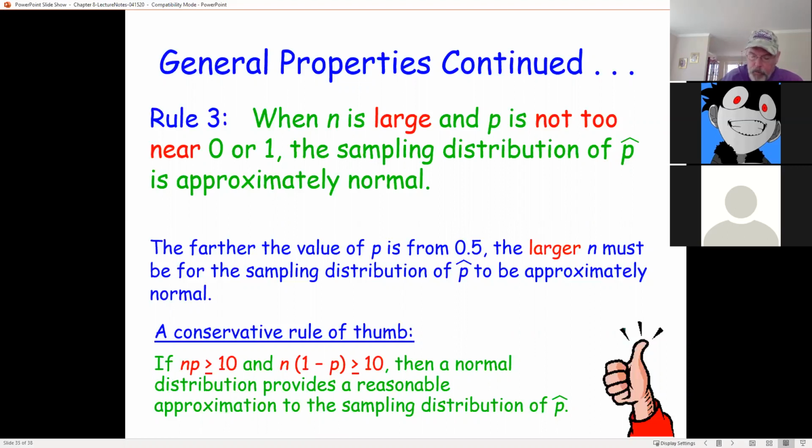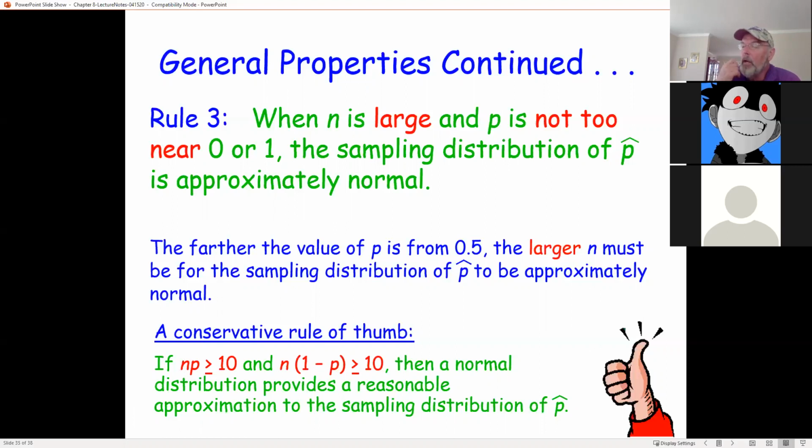0.07 times 150 gets us to 10.5. Okay, so this assumption, when p is 0.07, requires the sample size to be close to 150.